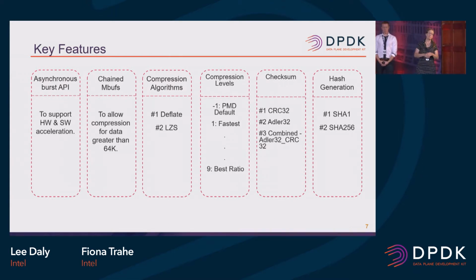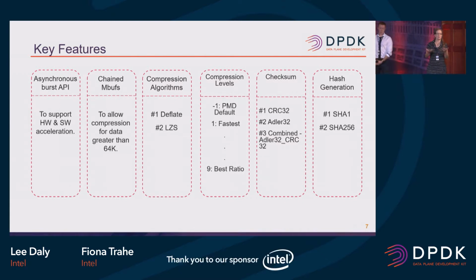Chained mbufs. Mbufs have at the moment a limitation of a uint16 for the data size, so that's a maximum of 64K minus 1, which for many packets is a perfectly reasonable size. But for compression, obviously, you may want to compress a large amount of data, so we're using chained mbufs. There's a couple of algorithms, Deflate and LZS. Most of the PMDs use Deflate. That's the most standardly used algorithm.